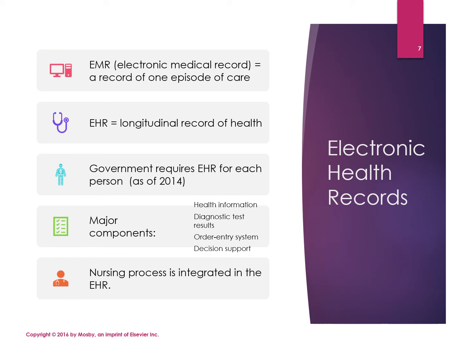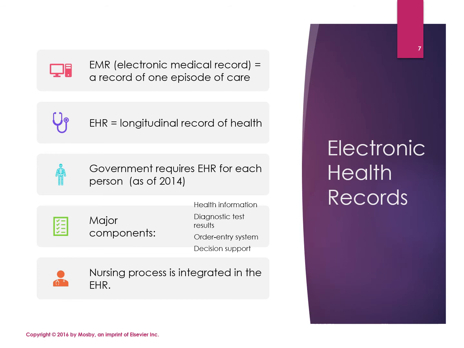Although the EHR varies among healthcare facilities, the major components are health information, diagnostic test results, an order entry system, and decision support. Health information comprises patient data such as demographics, assessment findings, flow sheets that include point-of-care results, diagnoses, nursing treatments, and a medication profile listing historical and currently active medication orders.